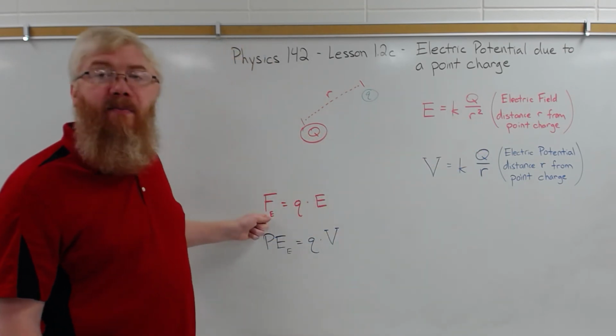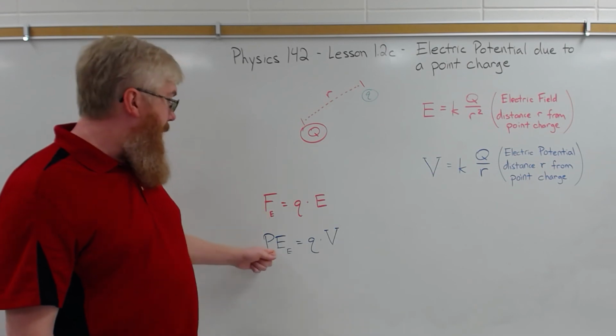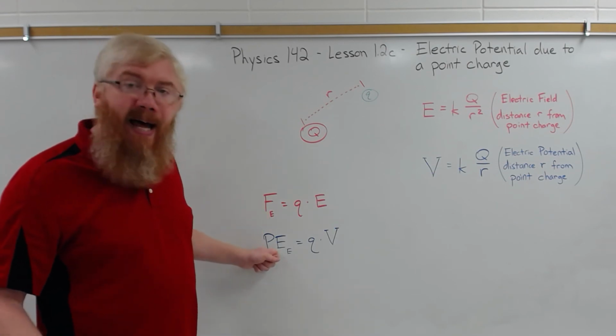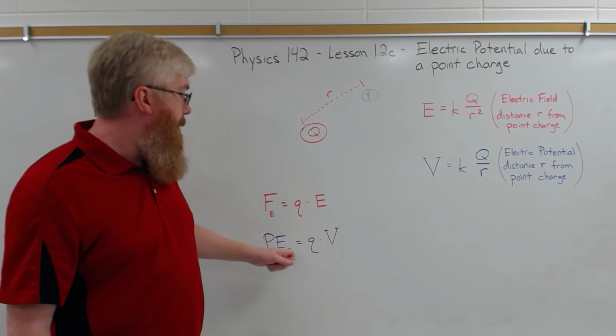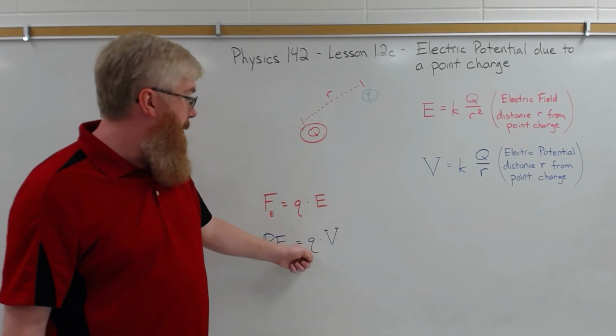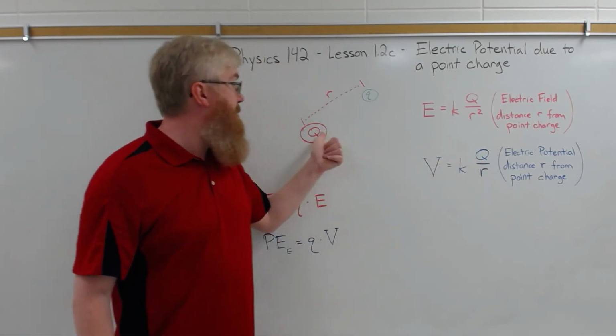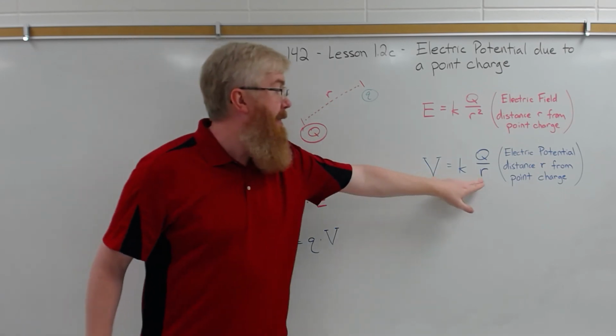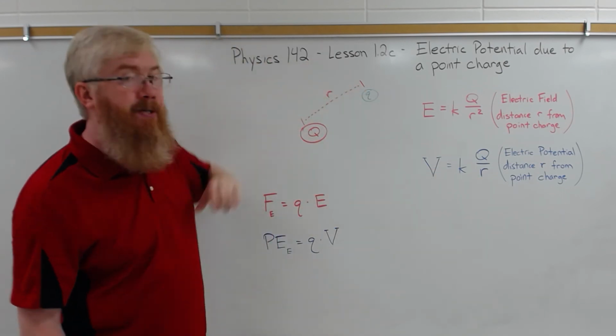And I can tell you what the electrostatic potential energy of the system is because I have charge Q now, and I have the potential, which just depends on the point charge, big Q, and the distance between these two charges, R.